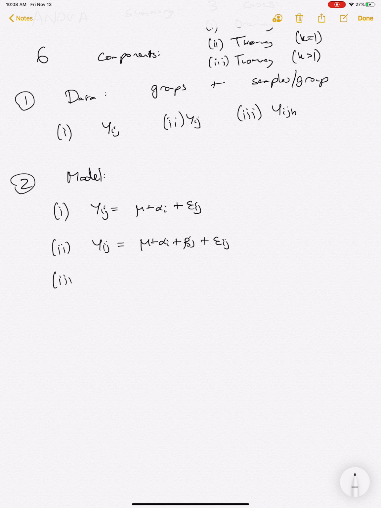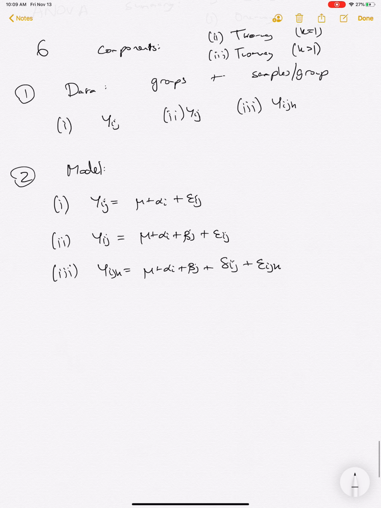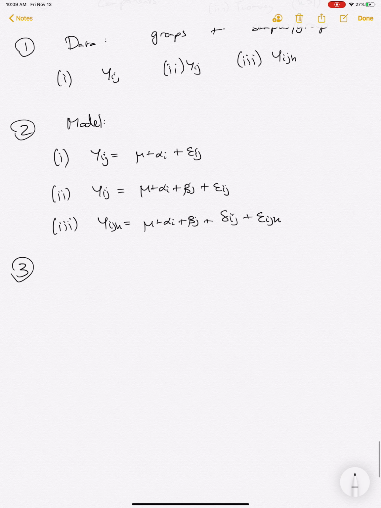And then the third case is Yijk. The rest I'm not going to spend too much time on, and I forgot to mention, there are obviously these constraints and the distribution of normality, which I'm not going to put in because I've gone through those in detail earlier, but you can see how these different setups compare.